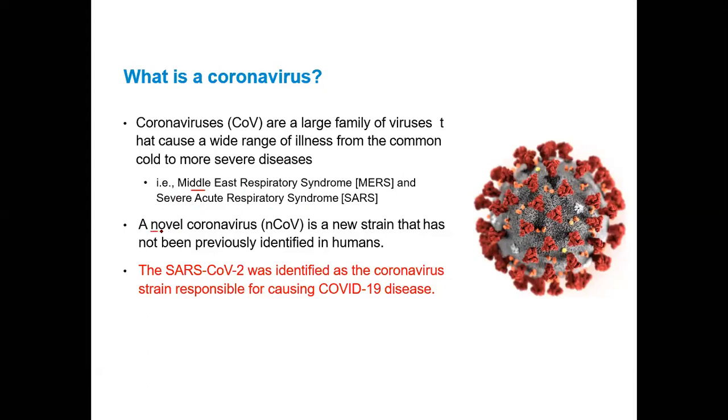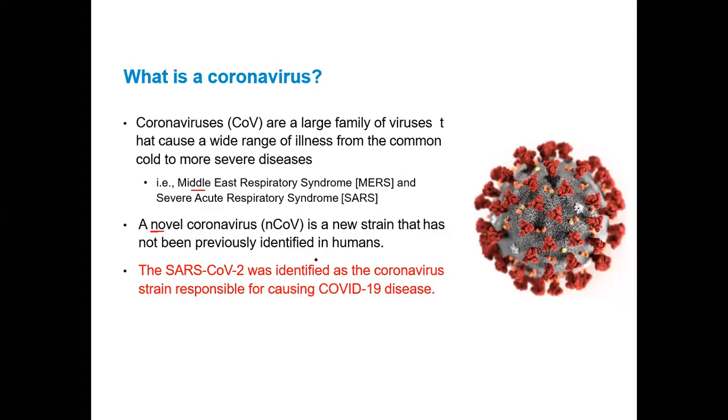في آخر 2019 ظهر السترين الجديد اللي هو النوفل كورونا فيروس أو NCOV أو SARS-CoV-2 which was a new strain and not been previously identified in humans, and it is believed that it transferred from animals, mainly bats and snakes, to humans.